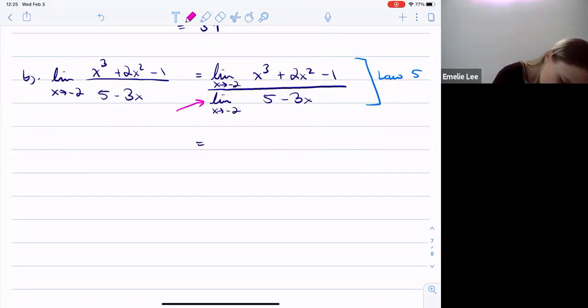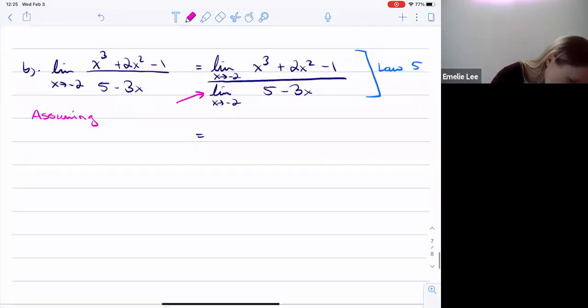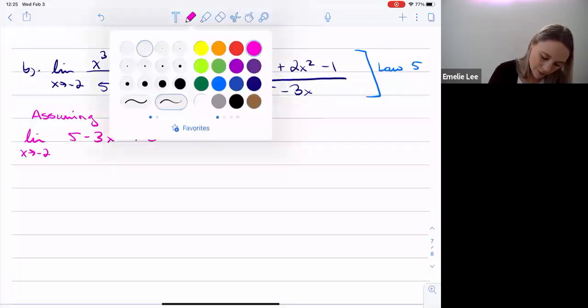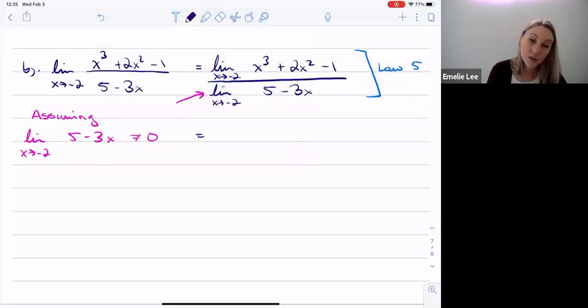This is assuming the limit as x goes to -2 of 5 minus 3x does not equal 0, which we'll check later, but that is one of the assumptions that we're heading into this with.